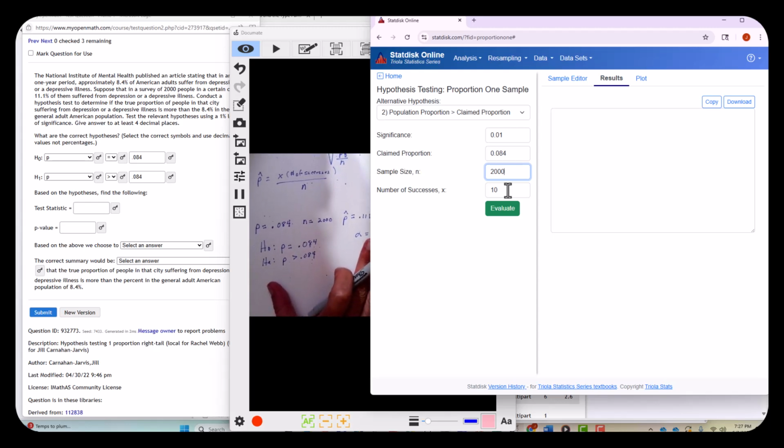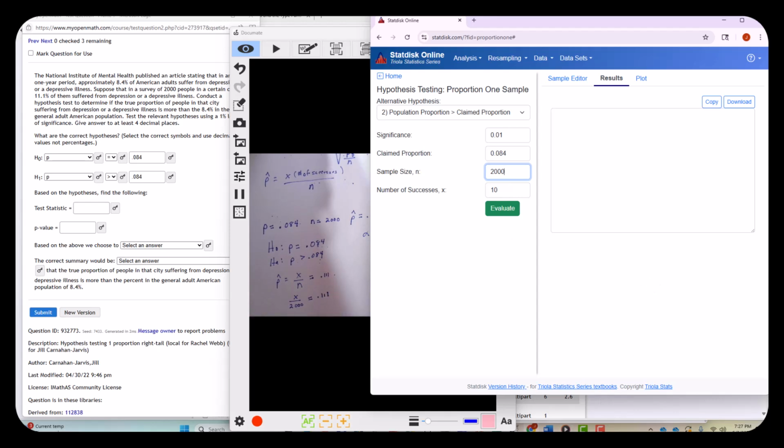So this is where we have to do just a little bit of algebra. p hat equals x divided by n, and we know that's equal to 0.111. So I don't know what x is. So x divided by 2,000 is equal to 0.111.